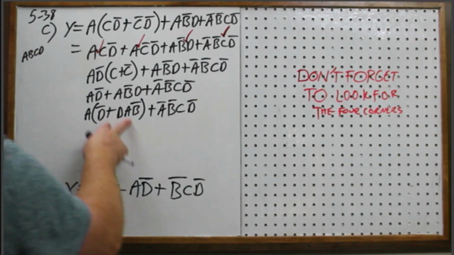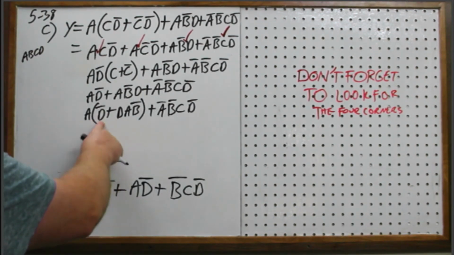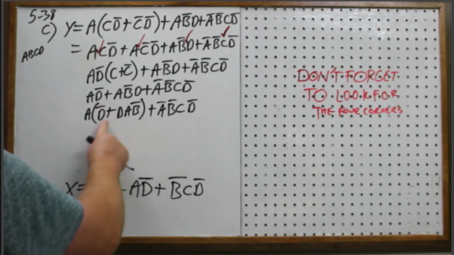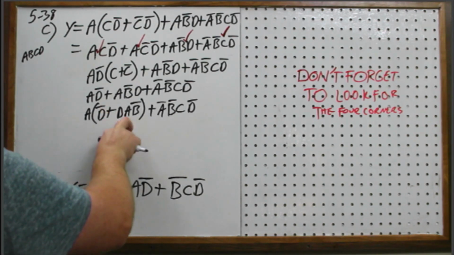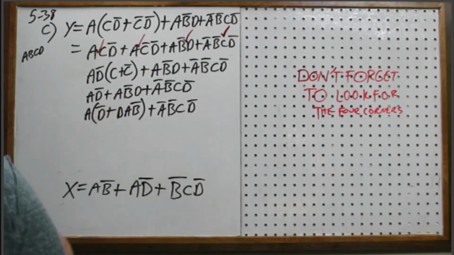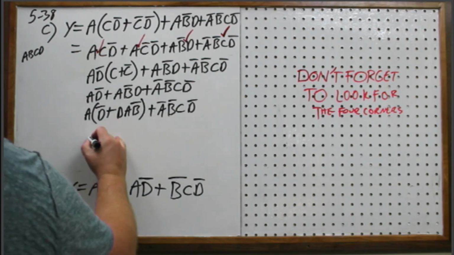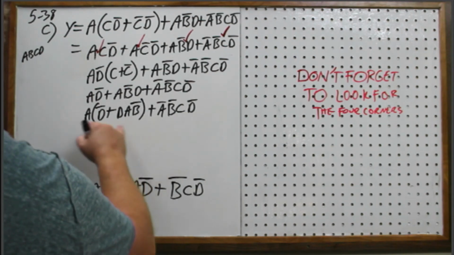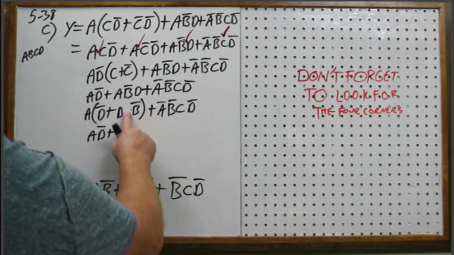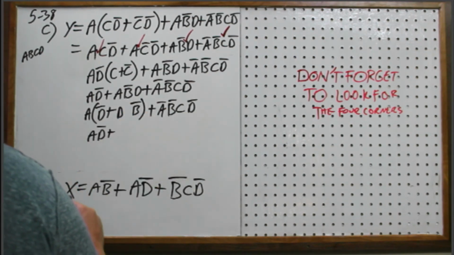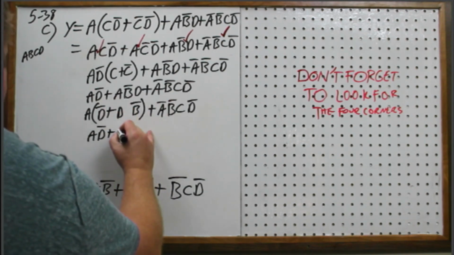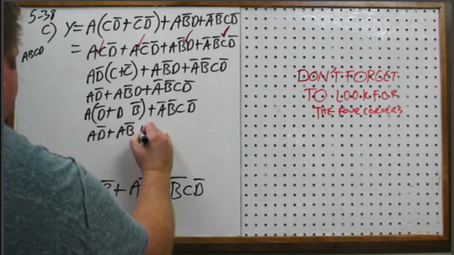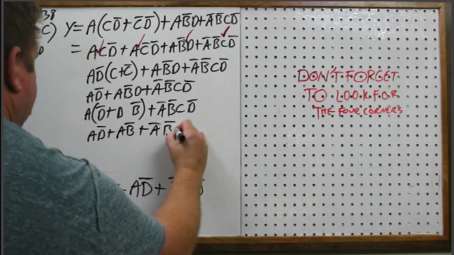And so rule 10 tells us that if we take an input and OR it with its complement, which happens to be ANDed with something, we can get rid of that complement here. So that's going to leave us with A D plus A B, which I don't know why that's there, because that should have been pulled out. So we're just left with the B. So A B naught plus A naught B, C, D naught.